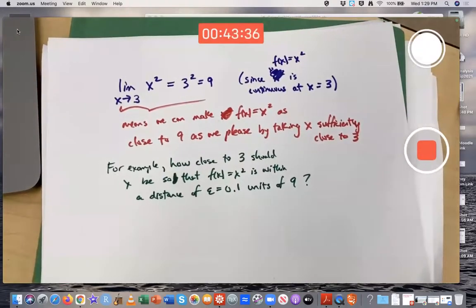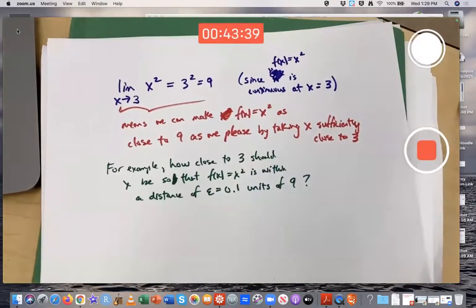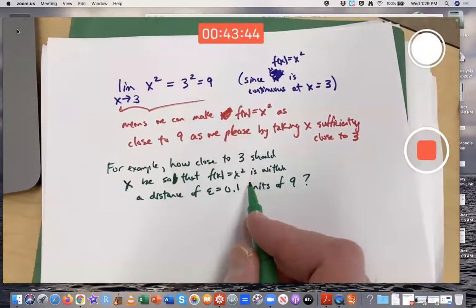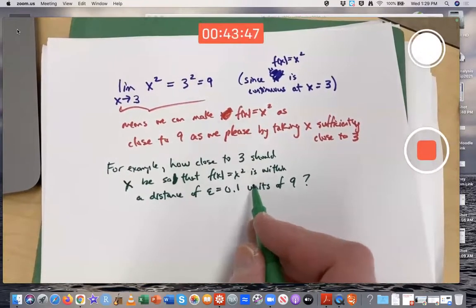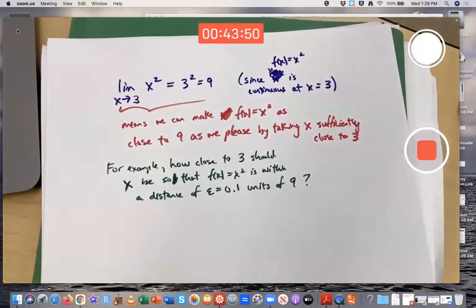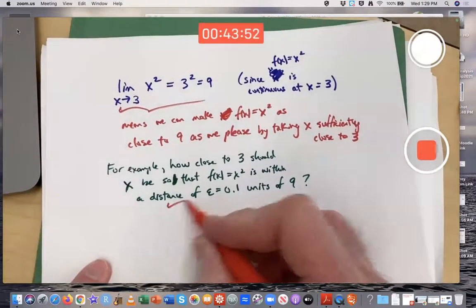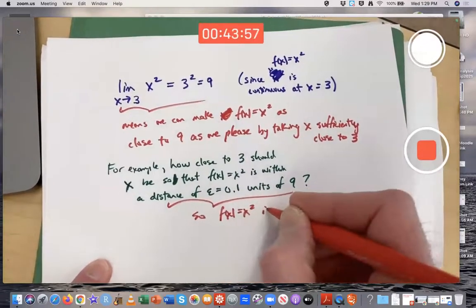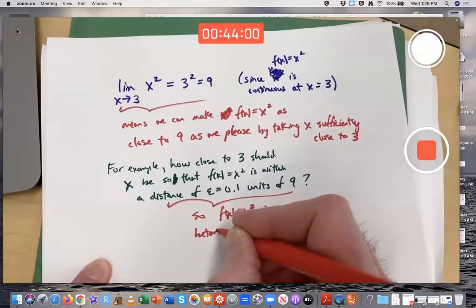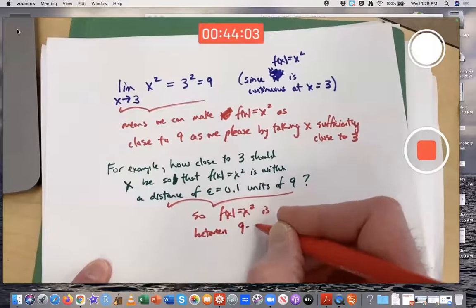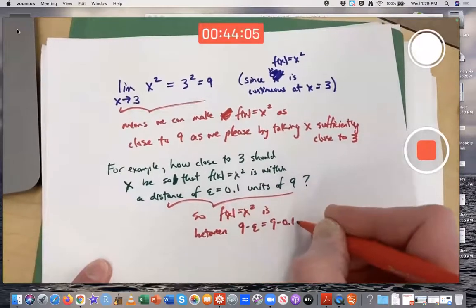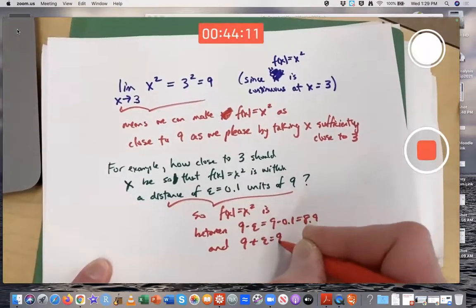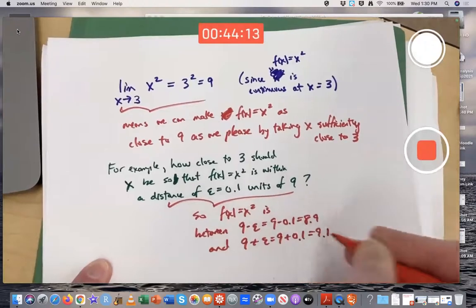How close to 3 should x be so that f of x equals x squared, the output of the function, is within a distance of 0.1 units of 9, meaning f of x equals x squared is between 9 minus epsilon, which is 9 minus 0.1, or 8.9, and 9 plus epsilon, which is 9 plus 0.1, or 9.1.